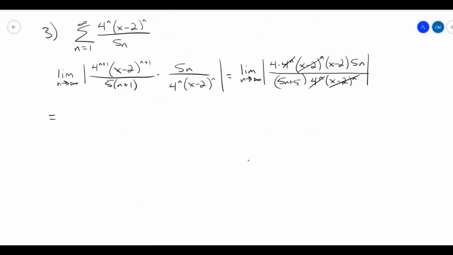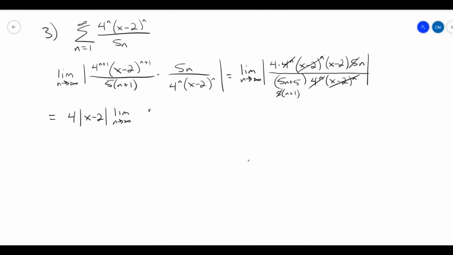But remember that when you take that out, the absolute value bars have to follow it, because it could potentially be negative, and the absolute value bars make sure that it isn't. Oh, and let's fix this a little bit. This 5n plus 5, we could factor a 5 out of that, making it 5 times (n plus 1), and then we can cancel that 5 and that 5, leaving us with what's left over.